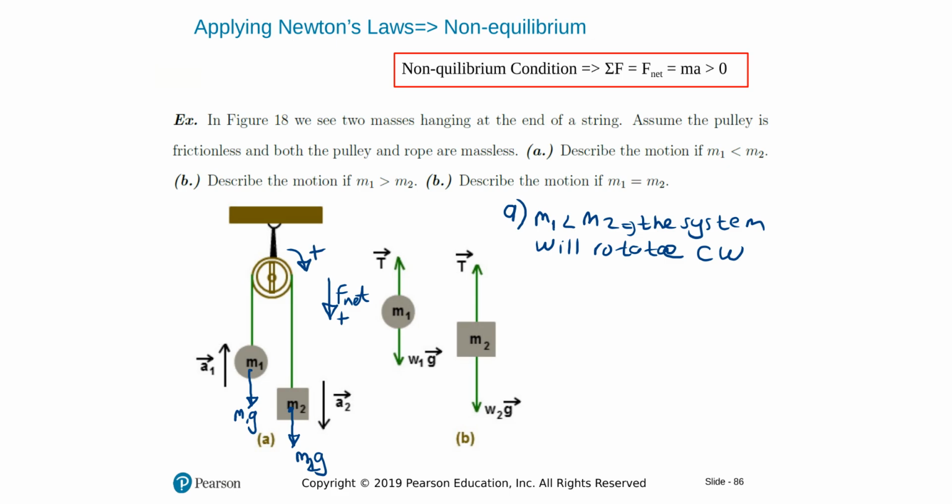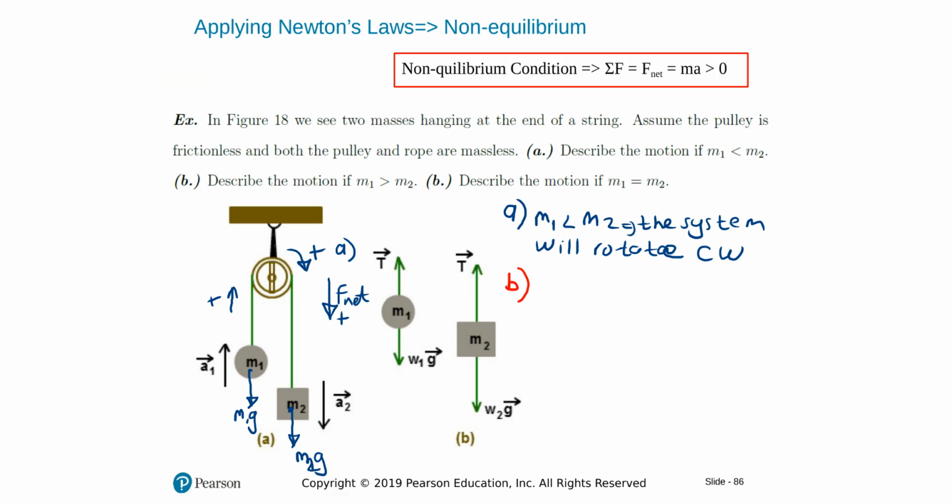Notice over here, if this is the positive direction, down is positive for the M2 side, but for the M1 side, up will be positive. So my positive is the direction the system is moving. It's kind of a rotational direction. Keep that in mind. That blue is for part A. I'm going to talk about part B with the red one.